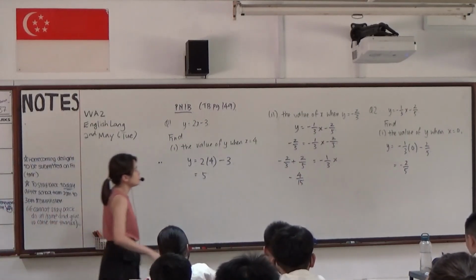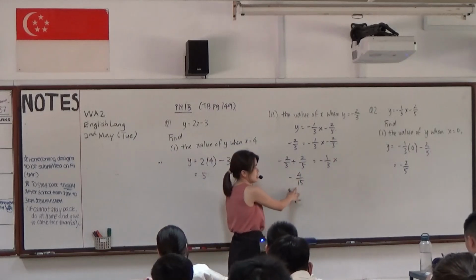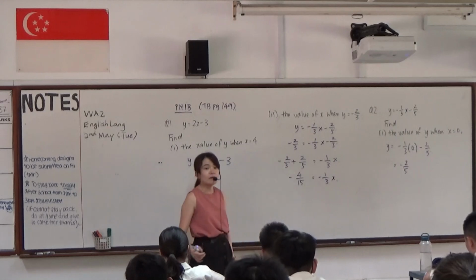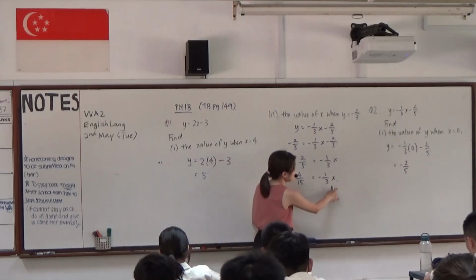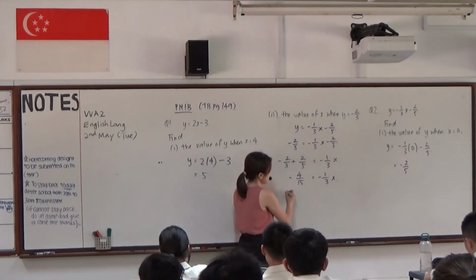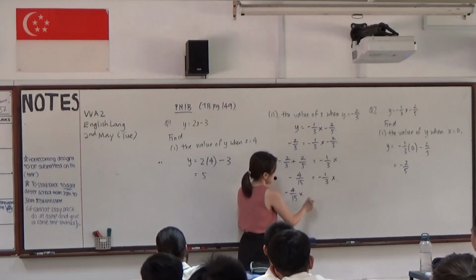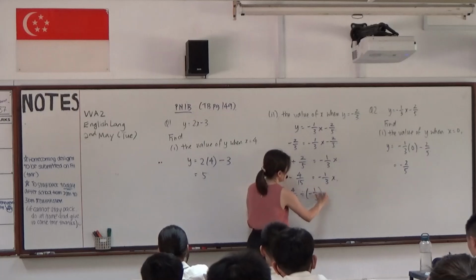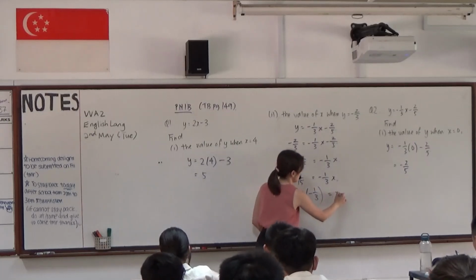So we get negative 4/15 equals negative 1/3 x. Negative 1/3 x is a multiplication. Bringing this number to the left side will mean to divide by negative 1/3, and that equals x.